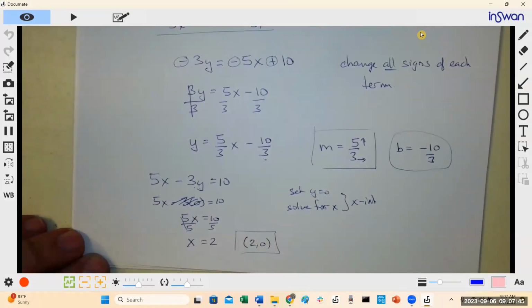Remember, all you have to do is find a point. If the y-intercept doesn't work, hopefully it does. If it doesn't, then we find another point somehow.